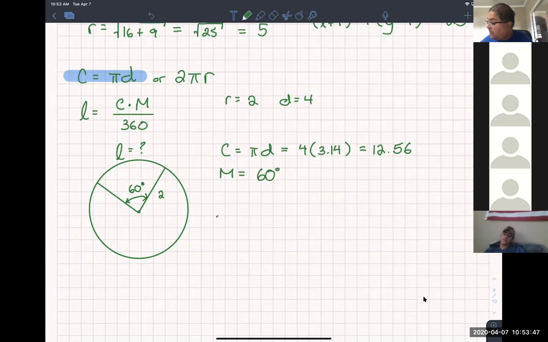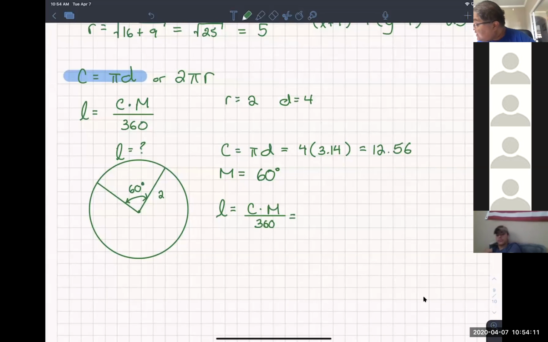And so if I want to find the arc length, remember an arc has two types of measurements. One is the arc measure, which is in degrees, the curvature of the arc. And one is the arc length, which is the actual measurement, the length of the arc. So the arc length is circumference times the arc measure divided by 360.